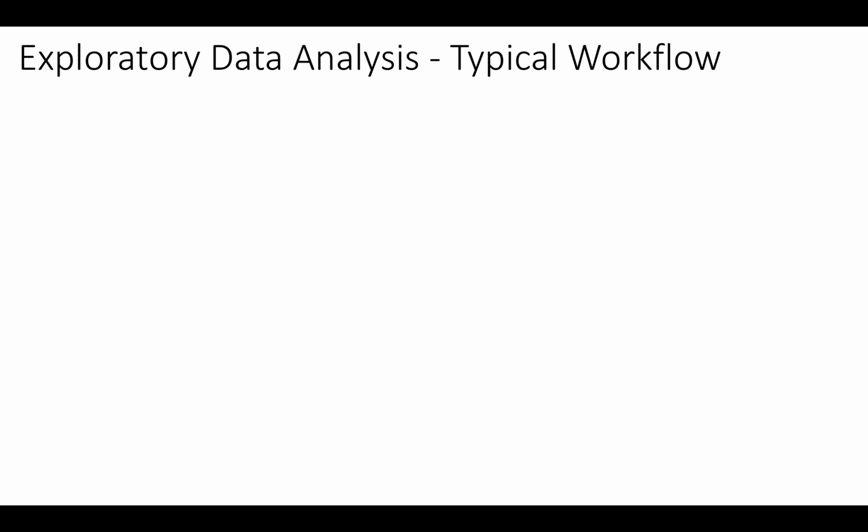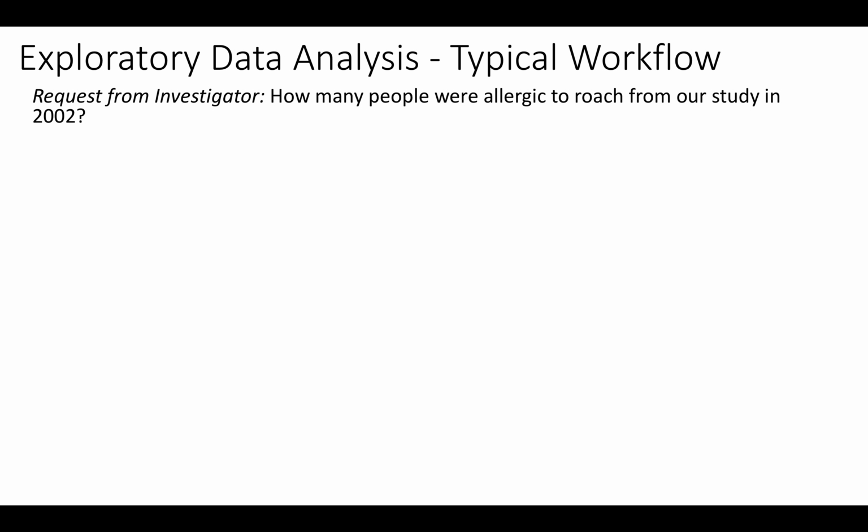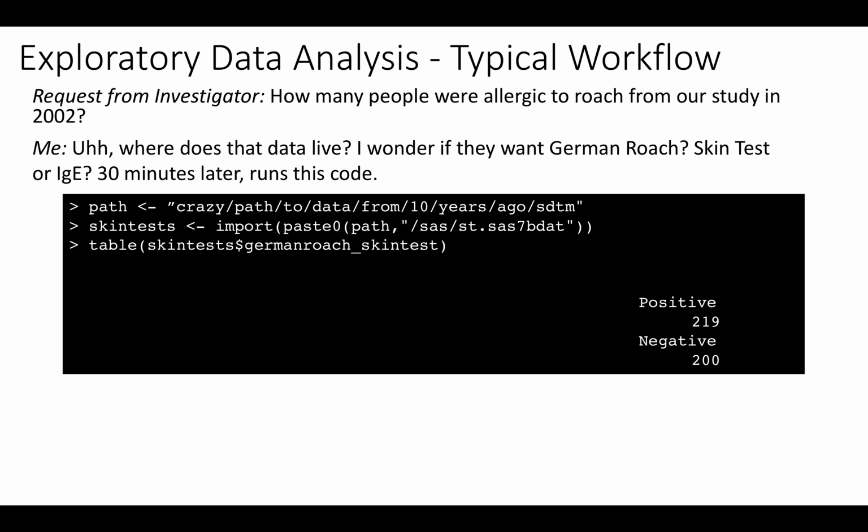So as I mentioned, I worked for years as a biostatistician crunching numbers for clinical trial research. And I would get a lot of questions like this. So how many people were allergic to cockroach in our study 15 years ago? And I would say, okay, geez, where does that data live?